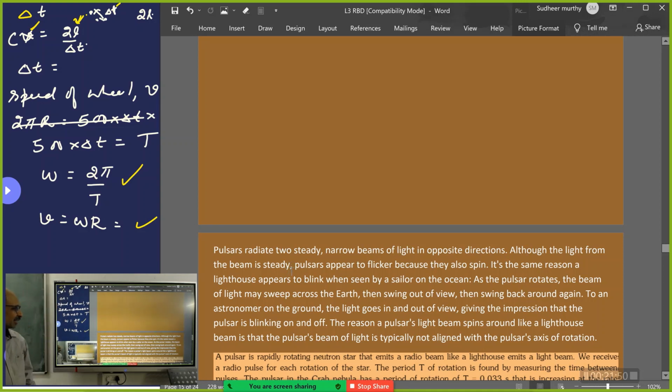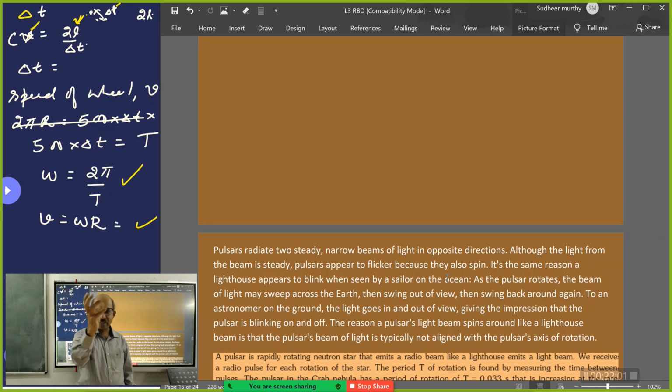Although the light from the beam is steady, pulsars appear to flicker because they also spin. That is, there's a star in one of the far off galaxies, and that star is actually rotating like this, giving out one beam of light this side and another beam of light this side. It is rotating just like the lighthouse near the seashore.